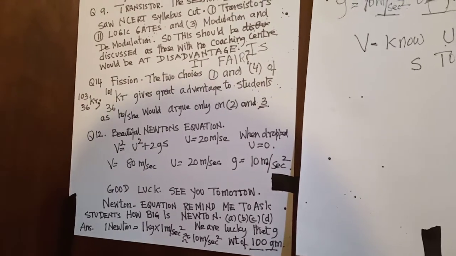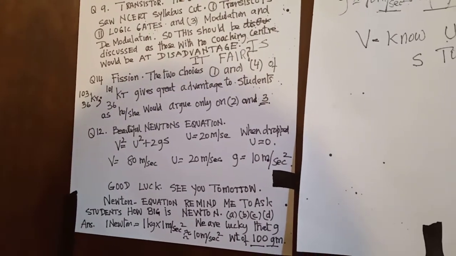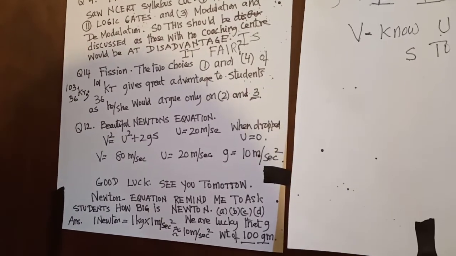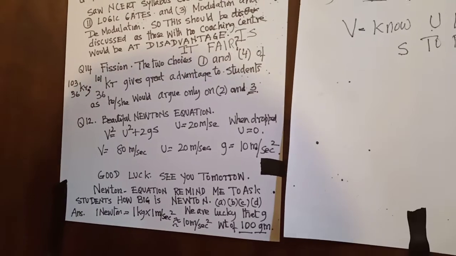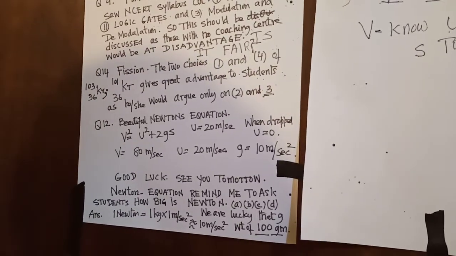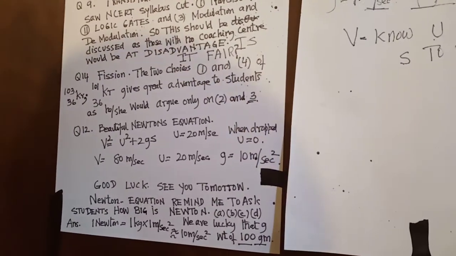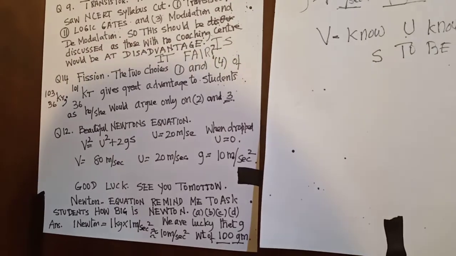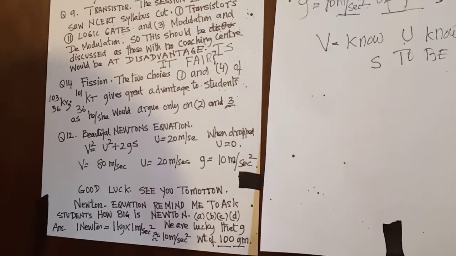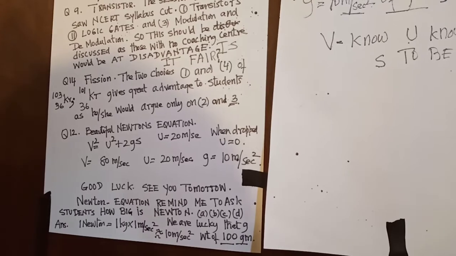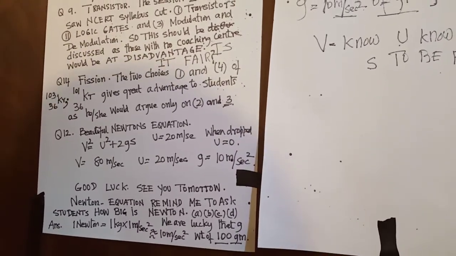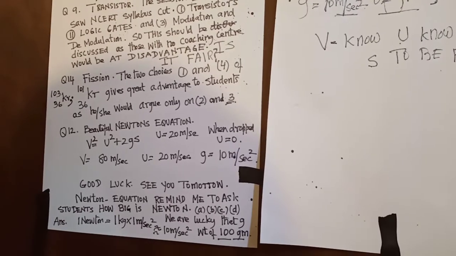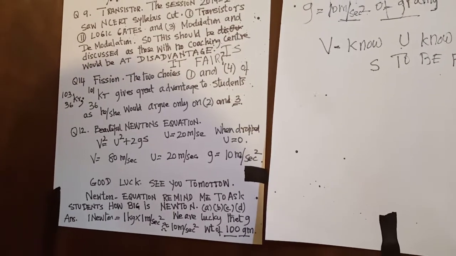Krypton is already there, so these two krypton choices are a great advantage to students, as they have to deal with only two choices and choose the correct one. So anyway, this will be some relief for those students who have appeared in this exam.